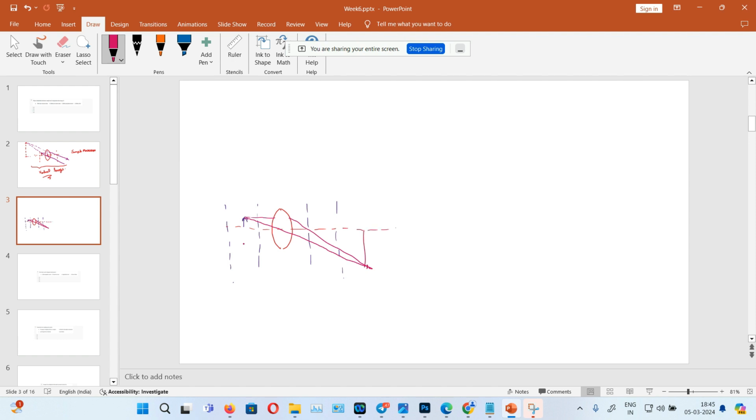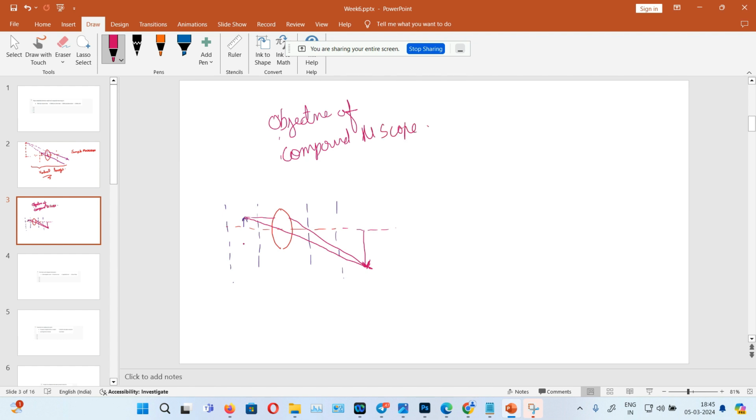At this position we get an image. This lens is called the objective of a compound microscope.